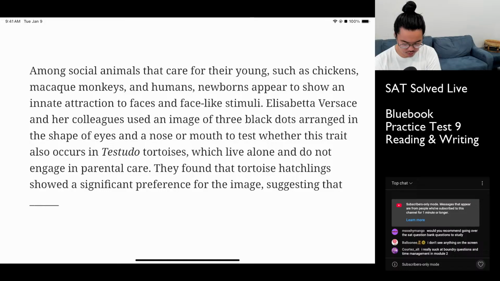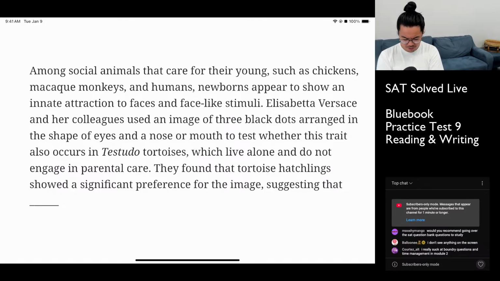So this researcher used an image of three black dots in the shape of eyes and nose or mouth to test on tortoises, which is not a chicken, monkey, or humans. Now these tortoises, they live alone and they don't do parental care.